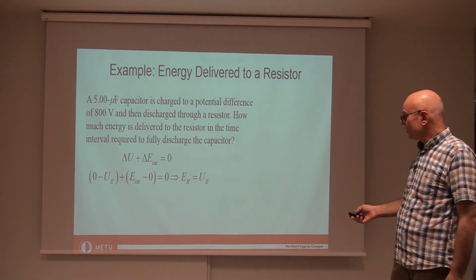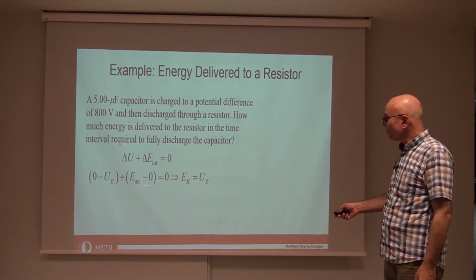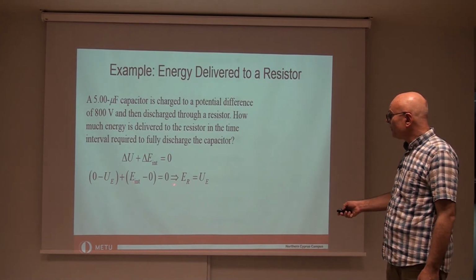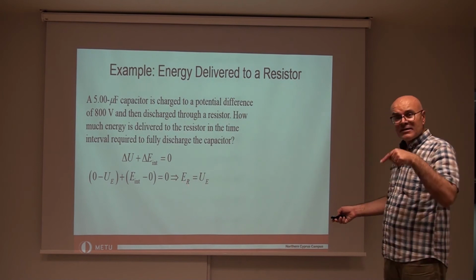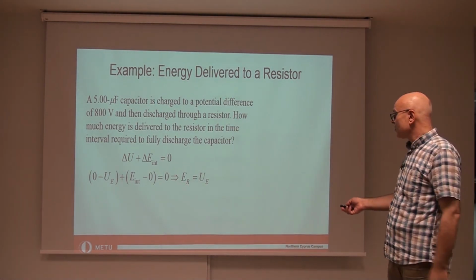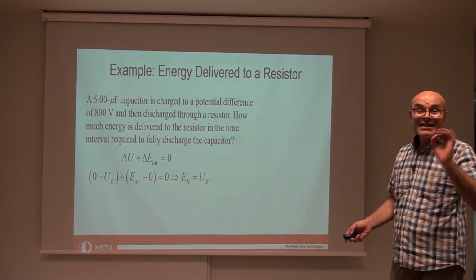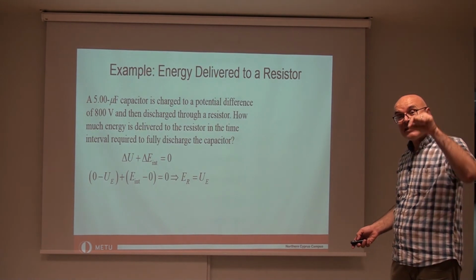So from here you get E internal equals U_E, and you call E internal E_R. That is the energy dissipated in the resistor. So this is equal to U_E. What is U_E? The energy stored initially in the capacitor.